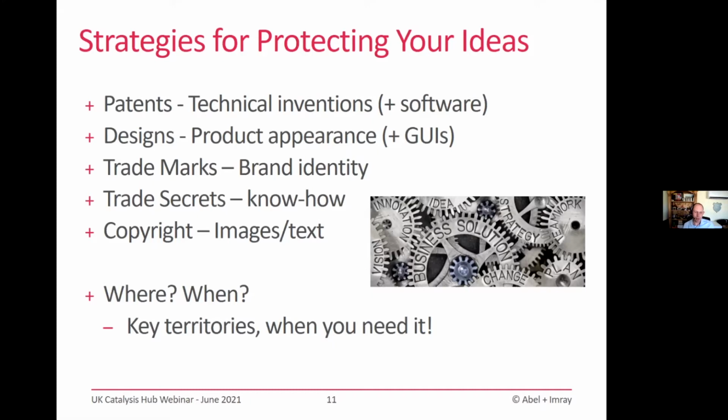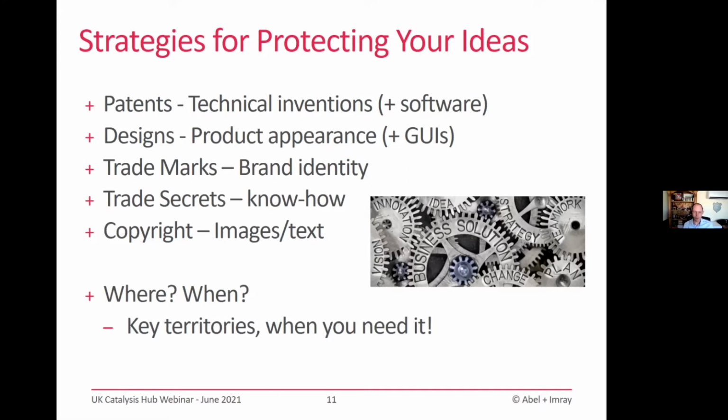For things that remain secret, stuff that will always stay confidential, we do have trade secrets. Trade secrets are not registered rights, but there is protection there for know-how, and theft or copying of trade secrets is something that can be a problem and can be protected against, but I'm not going to cover that now.